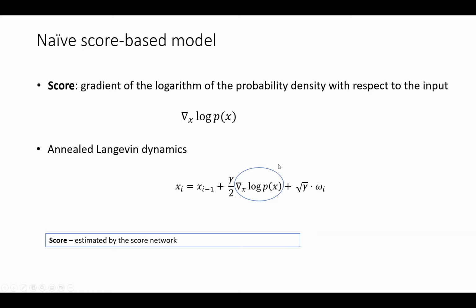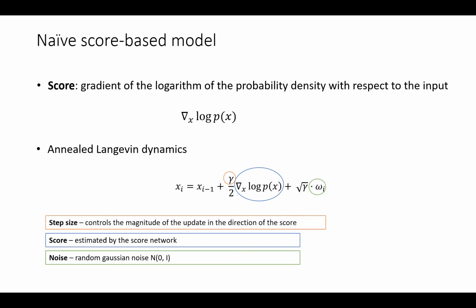The neural network will estimate that, instead of what z theta was estimating in the previous method. Then we have here a random Gaussian noise, whose mean is 0 and whose covariance is the identity matrix. And then we have gamma, which is a step size. So that is the process we are going to go through to generate x_i from x_{i-1}.